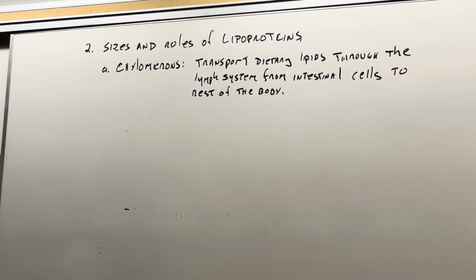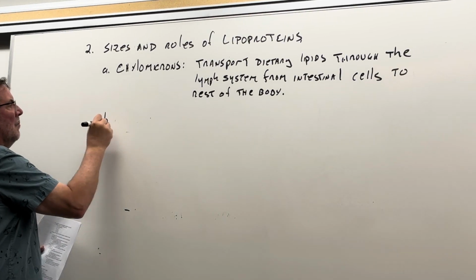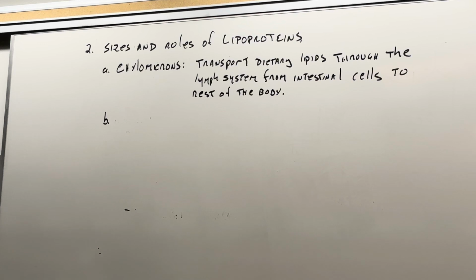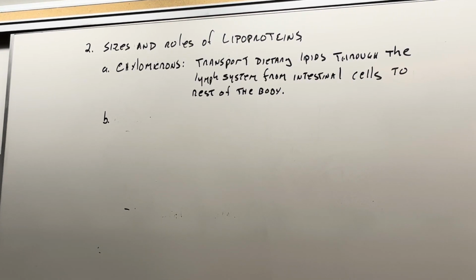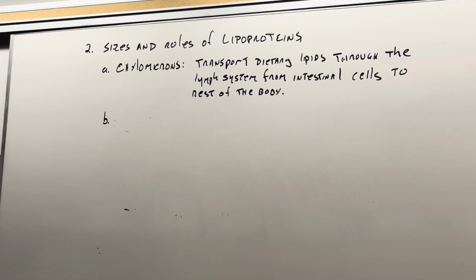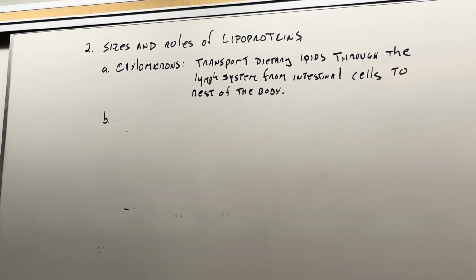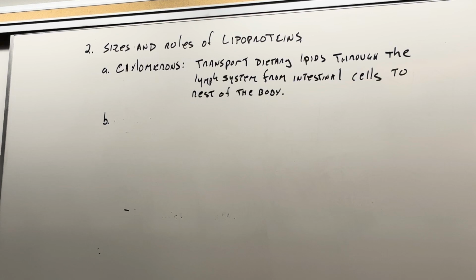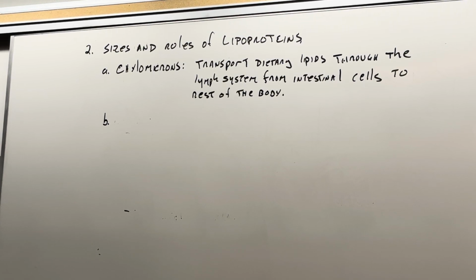All right, the next ones. So if I'm eating a nice fatty meal, that fat and cholesterol gets absorbed by the intestinal cells, packaged in the chylomicrons, and then distributed to the rest of the body. By the way, here's a little trivia. We might talk about this when we get into fat metabolism.